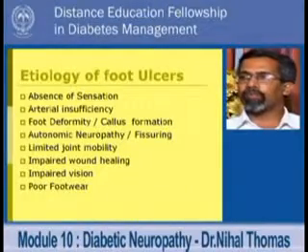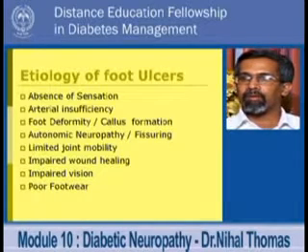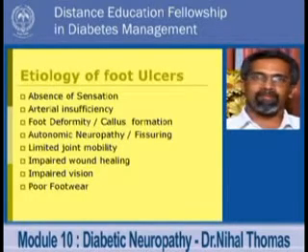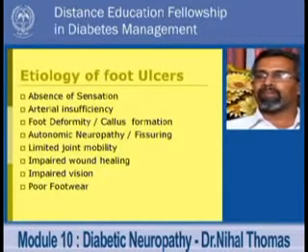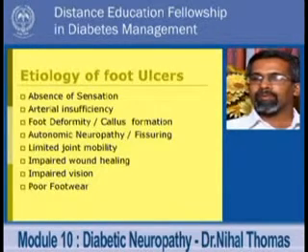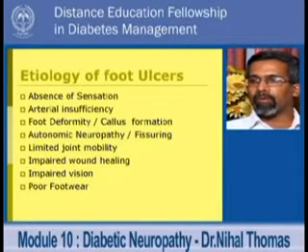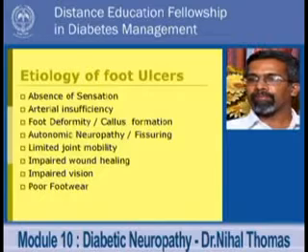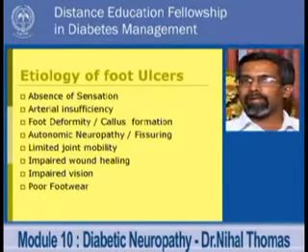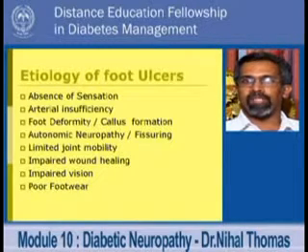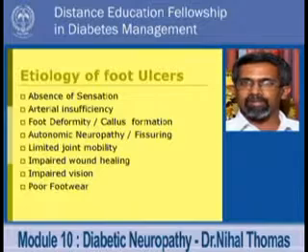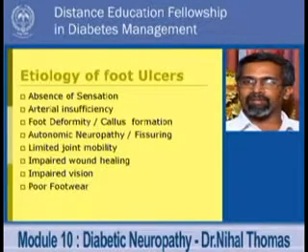So the etiology of foot ulcers could be therefore a combination of an absence of sensation in the presence of trauma, ischemia, foot deformities due to advanced neuropathy or callus formation, autonomic neuropathy, a condition called limited joint mobility, where there's tissue glycosylation and tendon glycosylation, leading to tendon contractures and thickening of the skin.